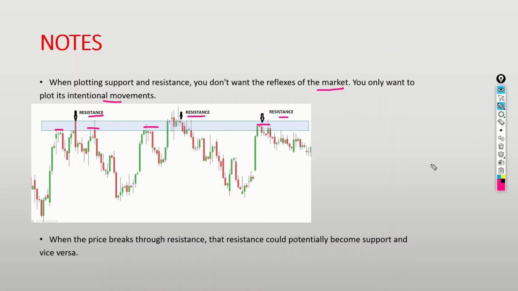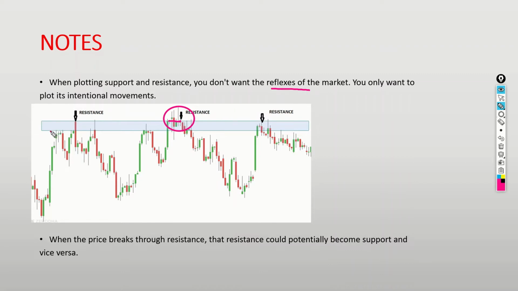That could be the exact resistance levels. But I want you to note that at this level here, the price protruded through that resistance level. So we want to get rid of this, okay? So we do not care about this. That's what we are saying, that we do not want the reflexes of the market. So this is what we call a market reflex.